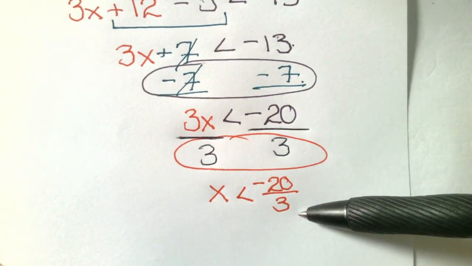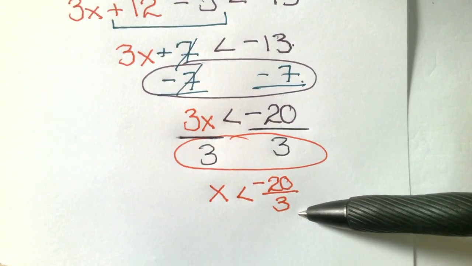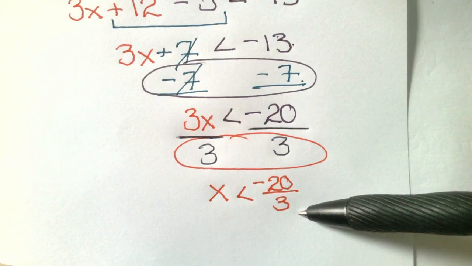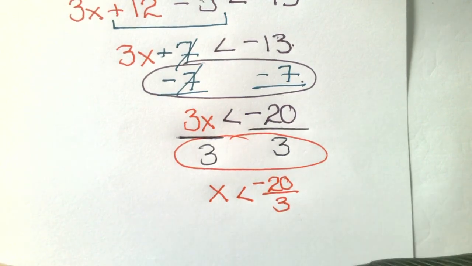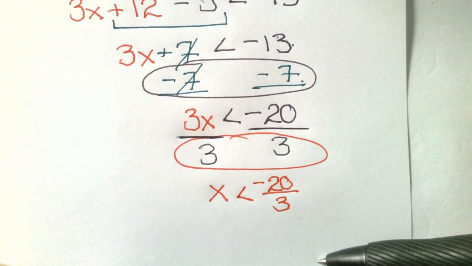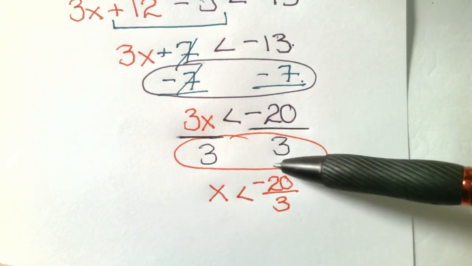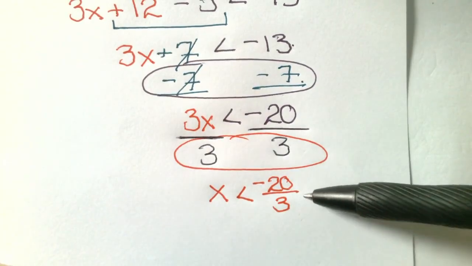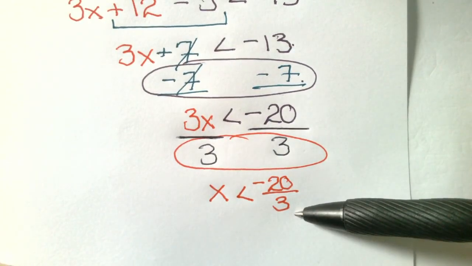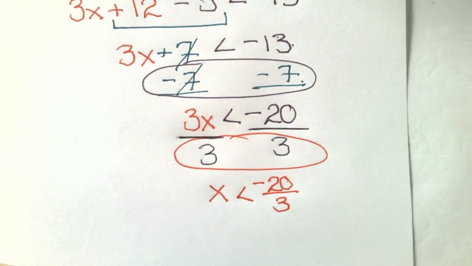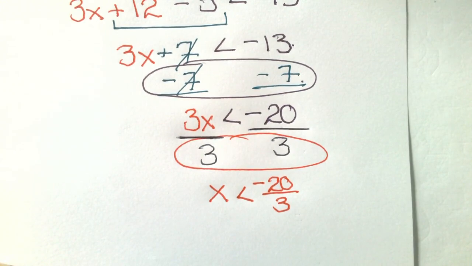I try not to round unless the direction says give me the approximate answer. If they say approximate, that means they want the number rounded, and they'll tell you how many decimal places. But if they say the exact answer, you're leaving it as a fraction, even if it's improper. Sometimes in the exams, they keep it as improper.